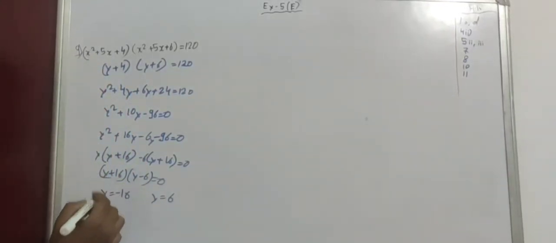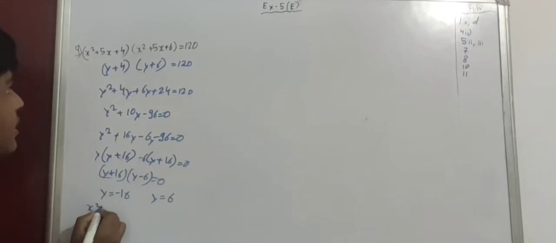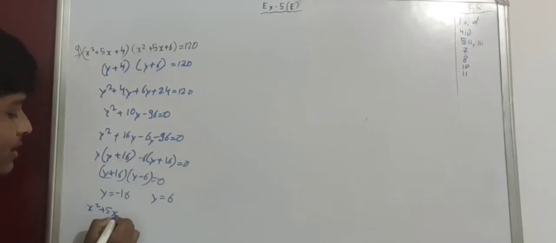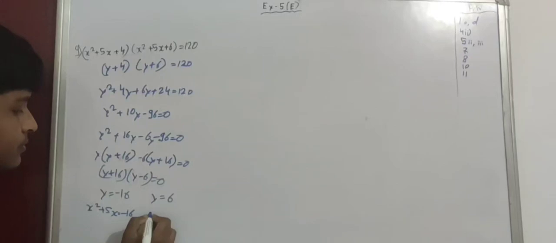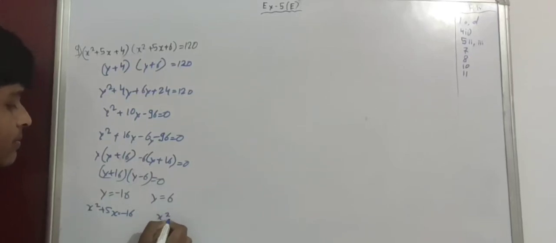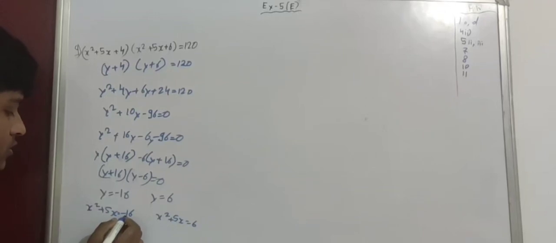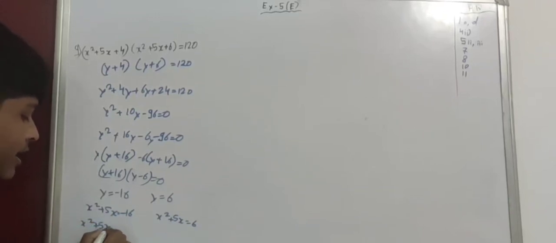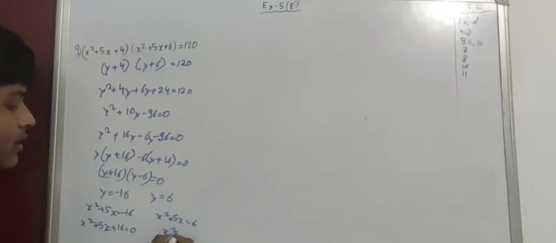So replace it, you will get x square plus 5x is equals to minus 16 and x square plus 5x is equals to 6. So send it this side, you will get x square plus 5x plus 16 is equals to 0 and x square plus 5x minus 6 is equals to 0.